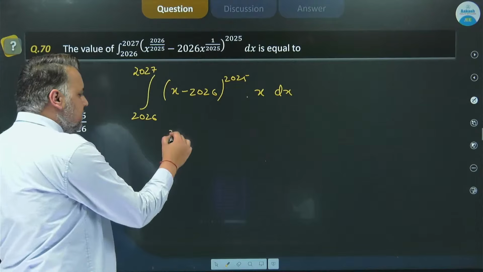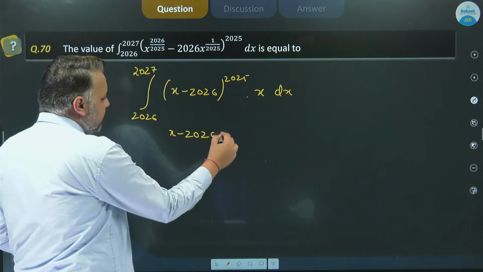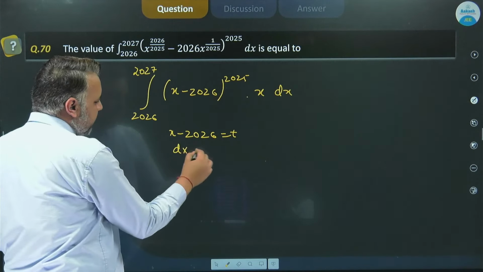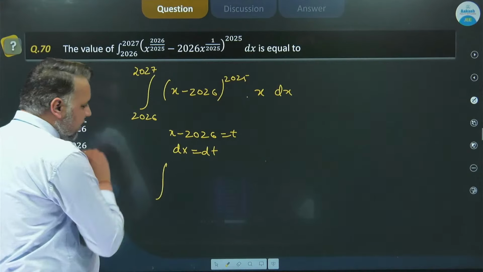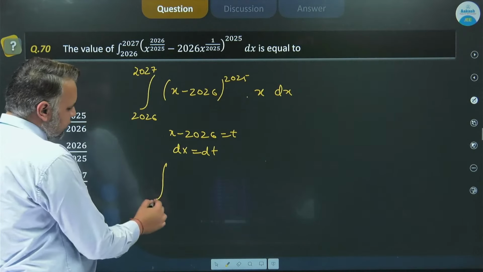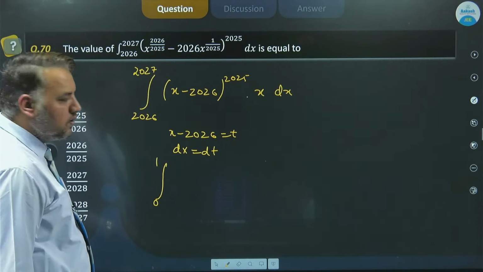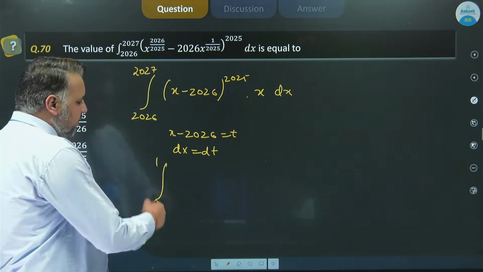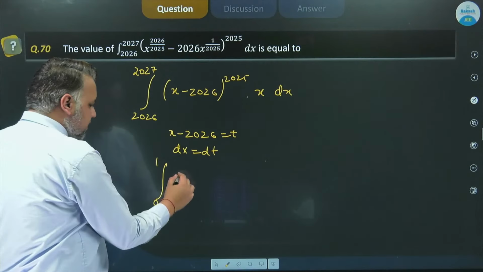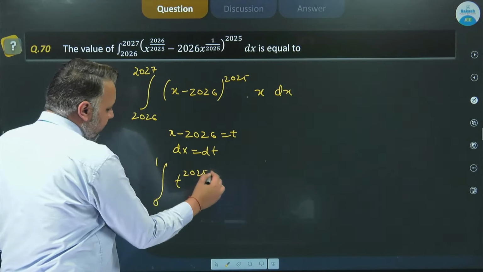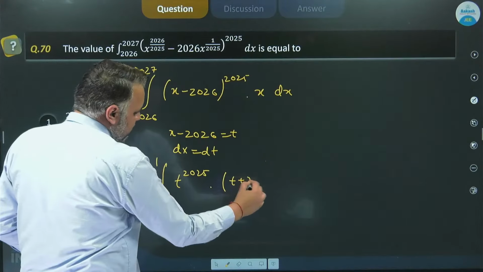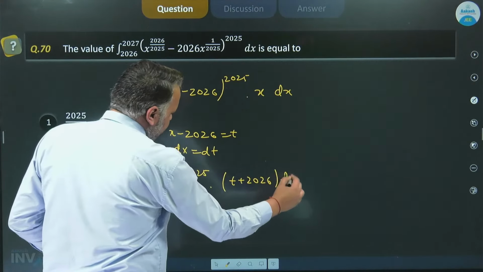Now you can simply substitute x minus 2026 as t. So dx will be equal to dt only. The integration will convert from 0 to 1, because x is from 2026 to 2027, so t will be between 0 and 1. And this is t power 2025 into t plus 2026 dt.